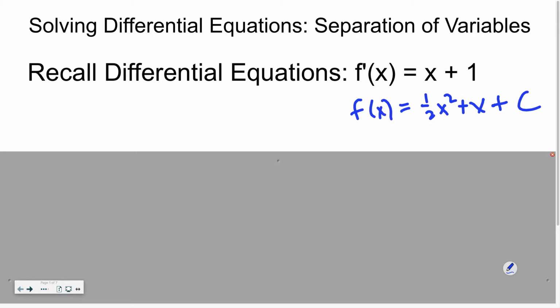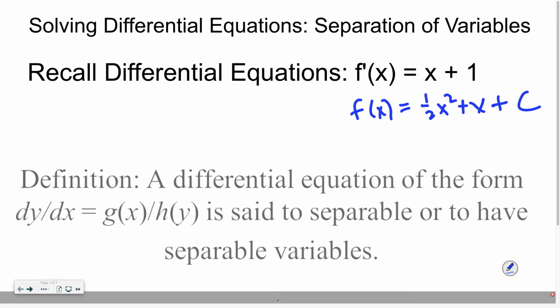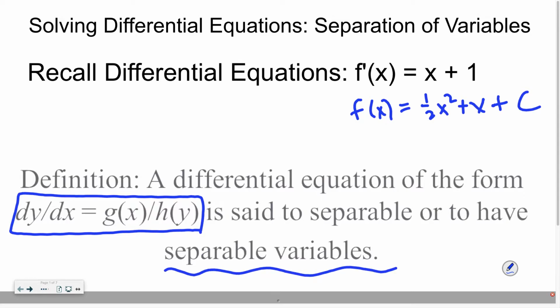So what you are going to see, go ahead and write this down. What you're going to see is dy dx equals a function with x and a function with y. And we're going to do something called separation of variables.